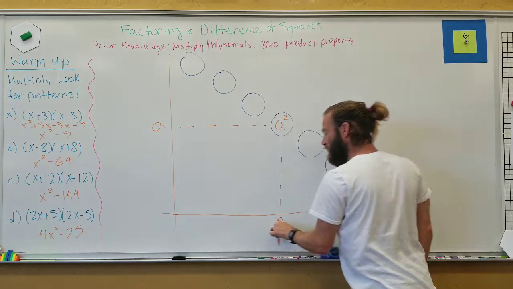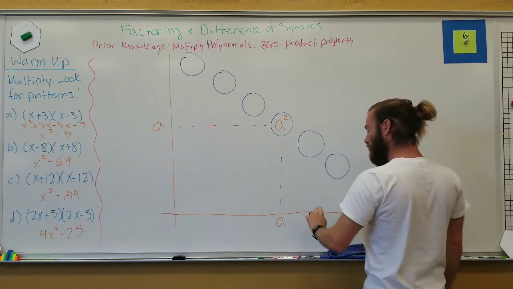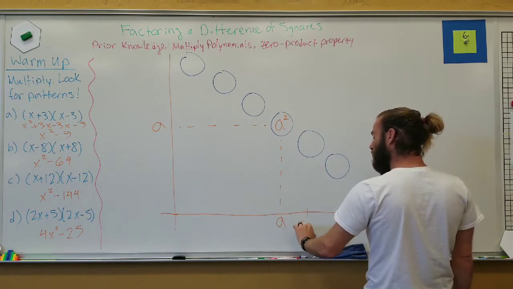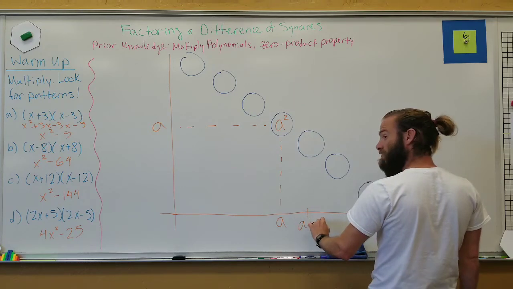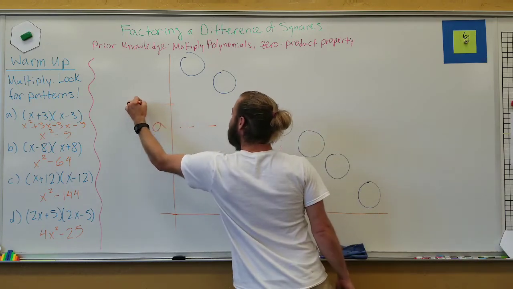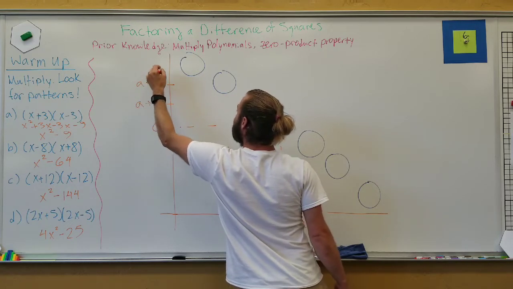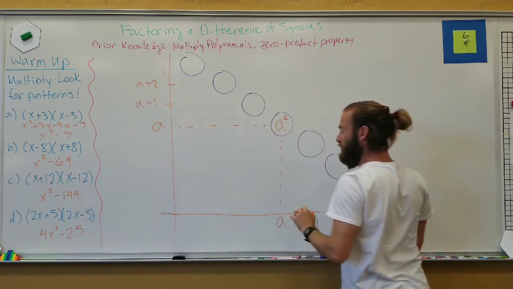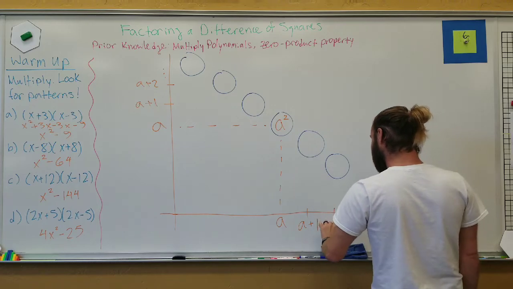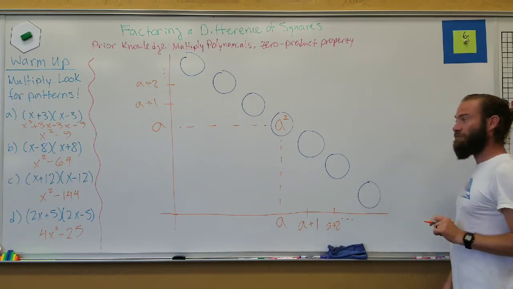So 1, 2, 3, 4, whatever this is, okay? And a times a makes a squared. Well again, what goes above a? What's the next number up? A plus 1. And same here, this one here is a plus 1, and then this is a plus 2, and then of course we could continue on, and this can be a plus 2, and so on.